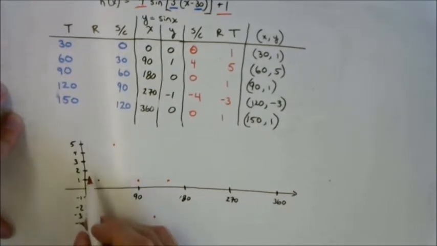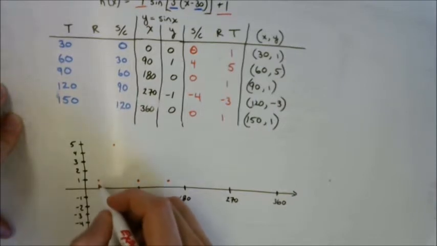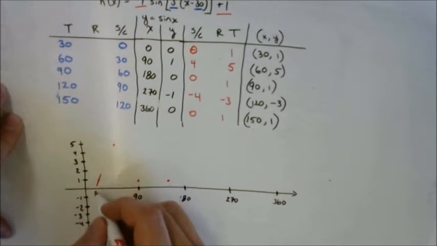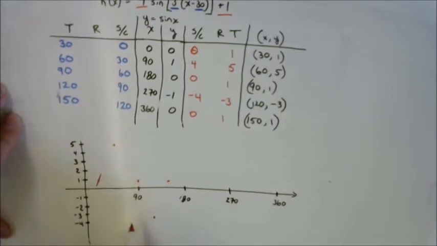And if you're not sure how to start over in this area, this point right here was going through 0, 0. The other thing you can do is you can kind of trace this backwards.